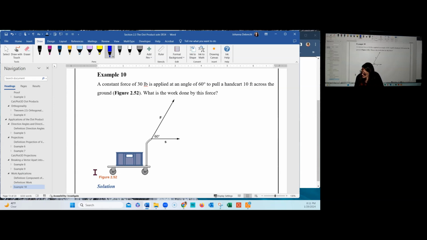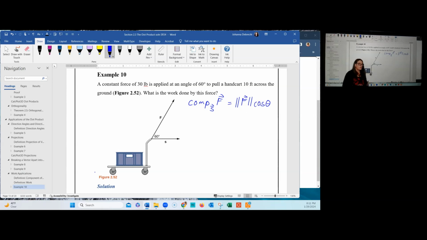So in this case, we need to find the component of the force in the direction of motion. So that's the component of the force on, in this case, S, where S is our horizontal distance. S is often used for distance in physics. So this is going to give us, of course, the magnitude of F times the cosine of the angle.